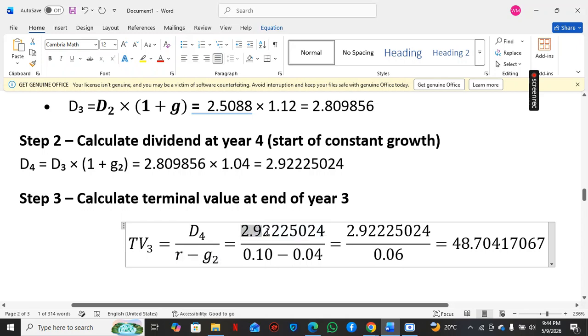The dividend for year 4, 2.922, over the required rate 10%, 0.1, minus the growth rate 0.04, which gives us 0.06. So we say 2.9222 divided by 0.06, and we get $48.70.